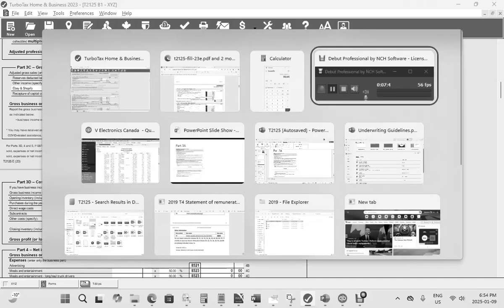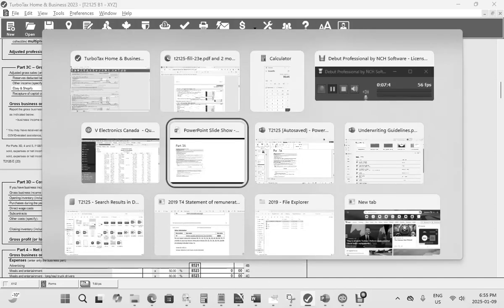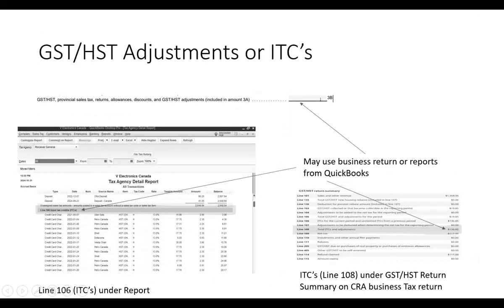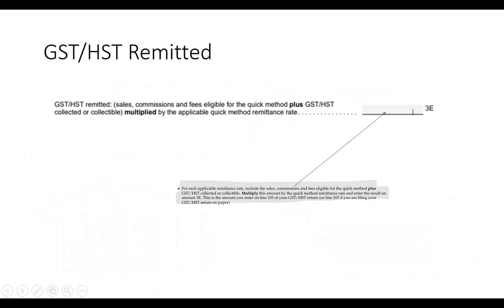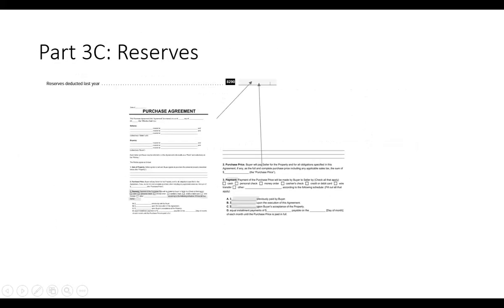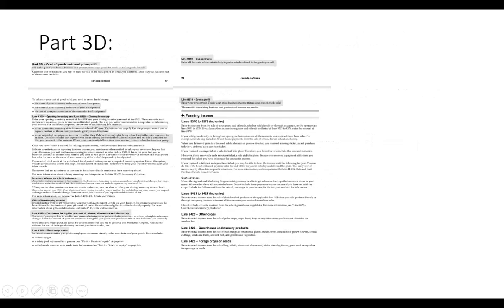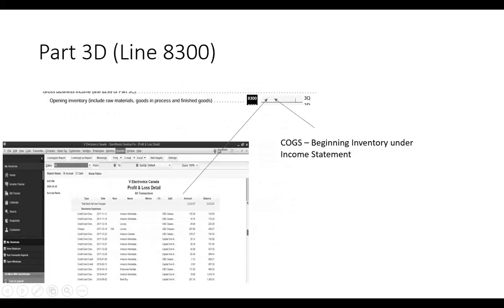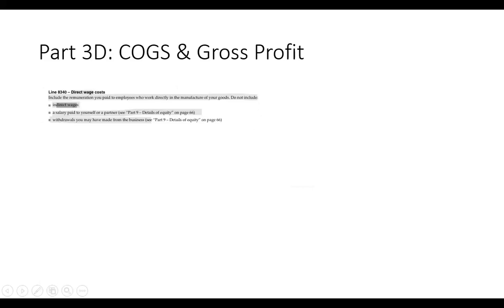If you go back to our presentation from our last video on T2125, line 8340 includes the remuneration you pay to employees who work directly in the manufacture of your goods. Do not include indirect wages such as tips, a salary paid to yourself or a partner, or withdrawals you may have made from the business.